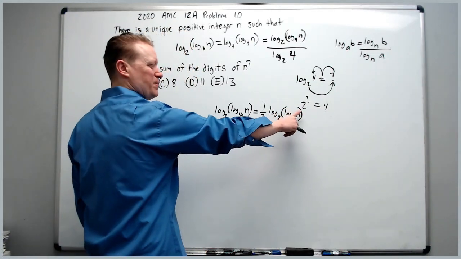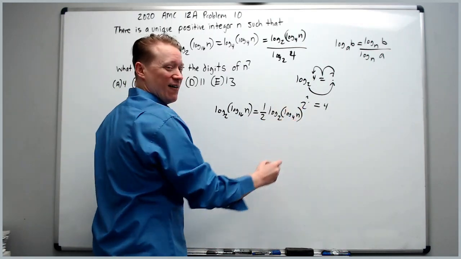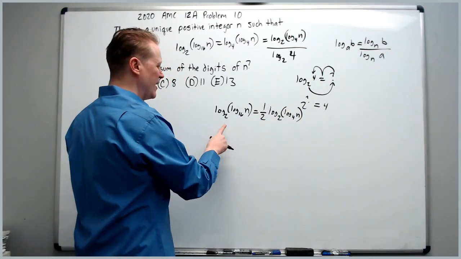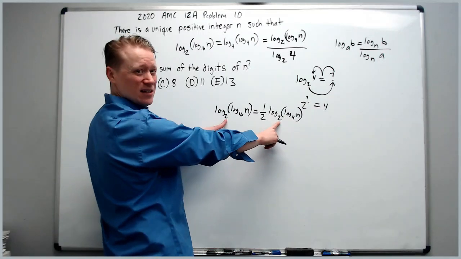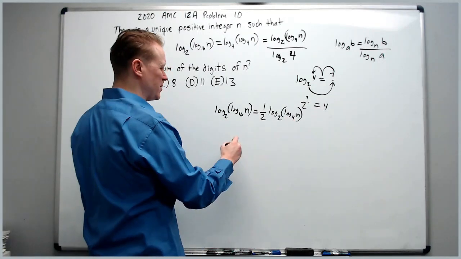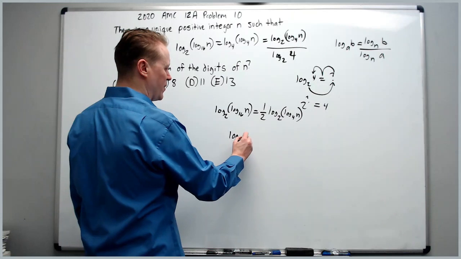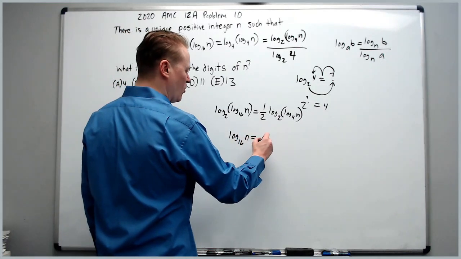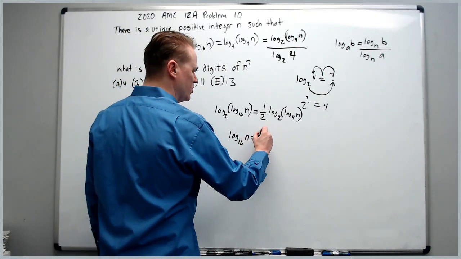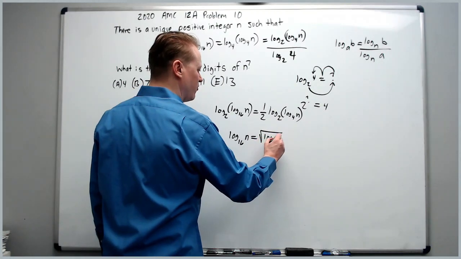Now the half can be put up top here to become the half power, which is the square root. We now have the same base on these logs, so their inside parts must be equal. And we can say log base 16 of n equals the square root of log base 4 of n.